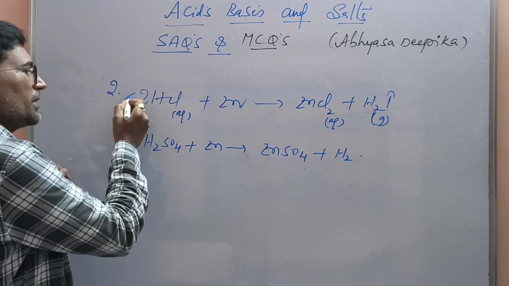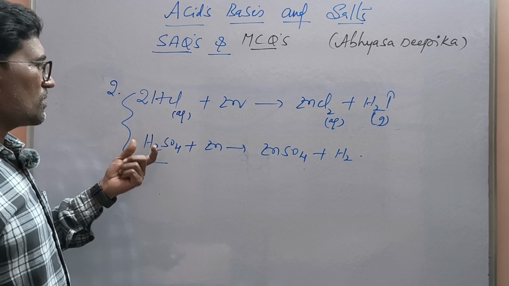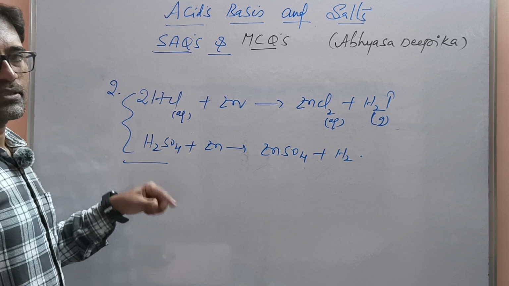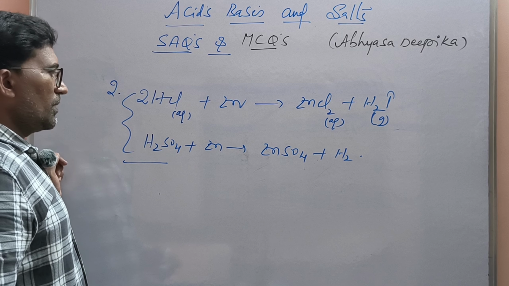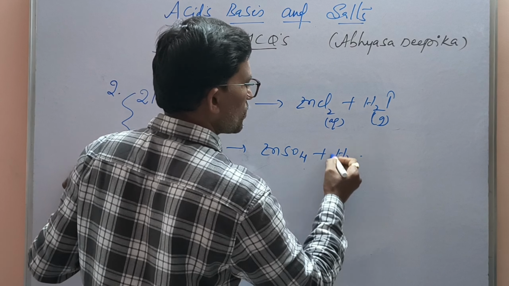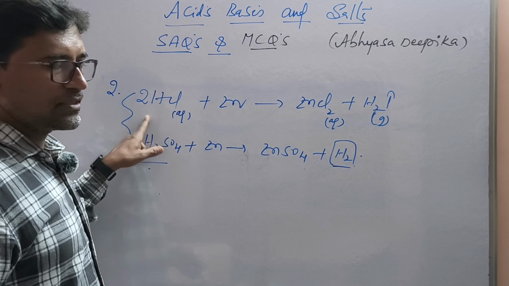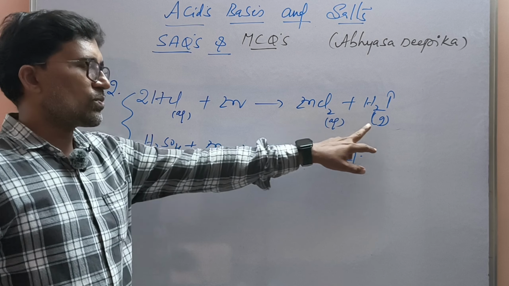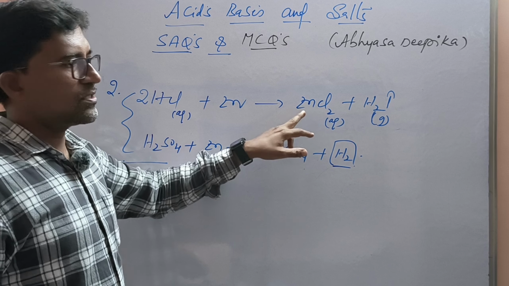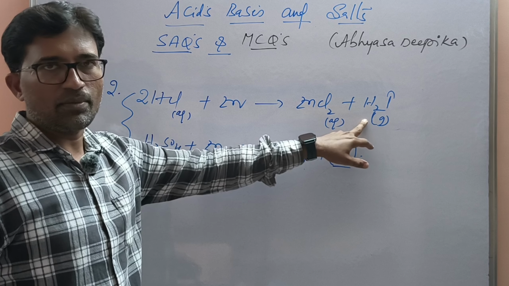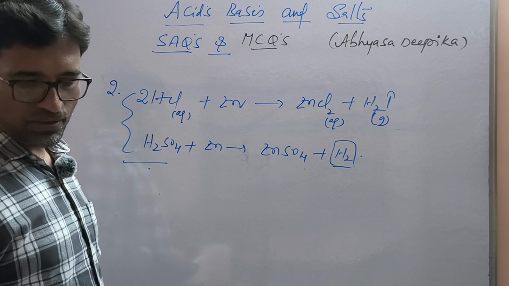Sometimes in this reaction other gases, sulfur-based gases, may also be liberated, but primarily we are talking about hydrogen. So if a metal reacts with an acid, which gas is liberated? The result is the respective metallic salt, here zinc chloride, and hydrogen gas is liberated. That is the solution for the second question.